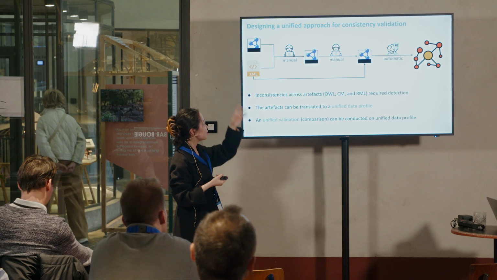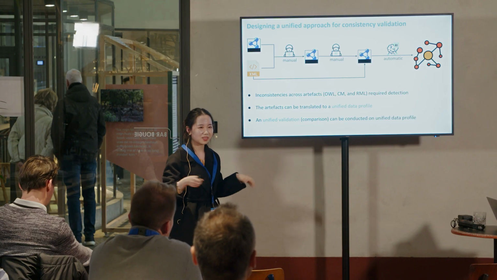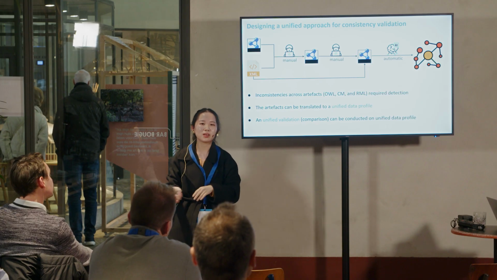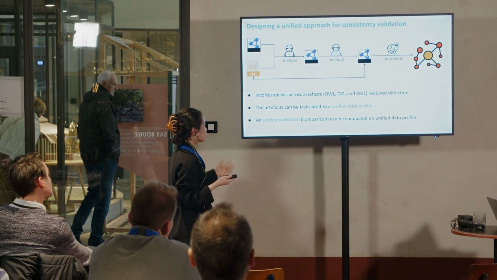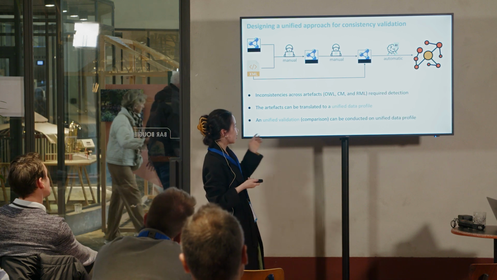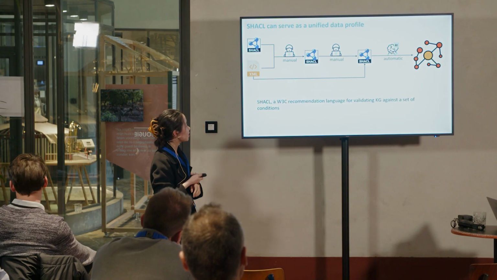For example, if they are in different languages, Spanish, Dutch, we want experts to easily understand them. So what is the easiest way? We translate everything into English, and then write a script to compare them and see whether they are aligned with each other.